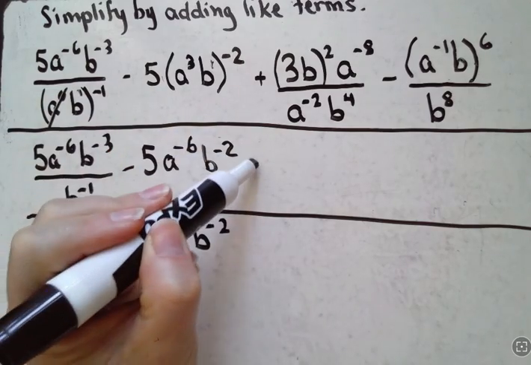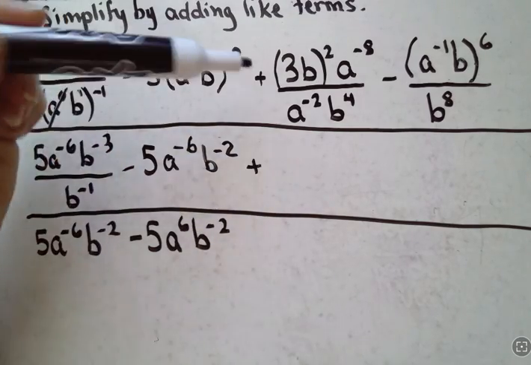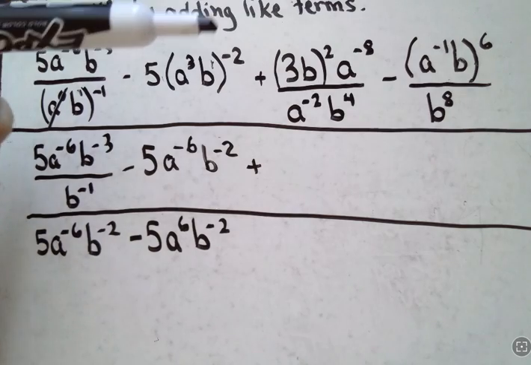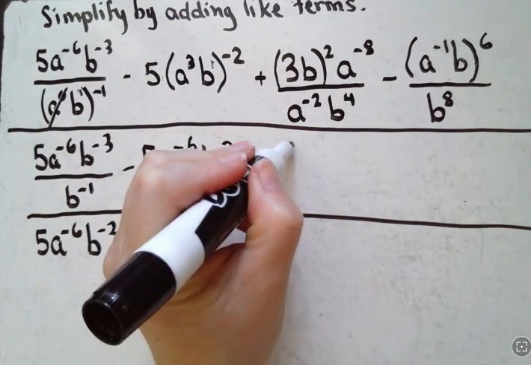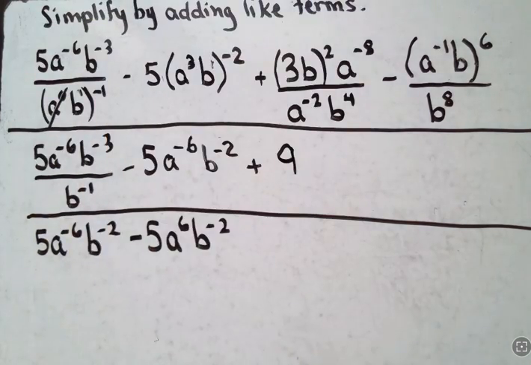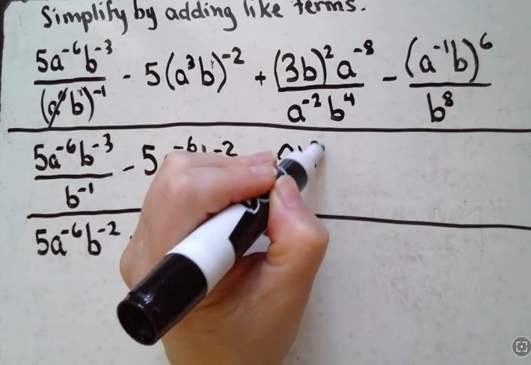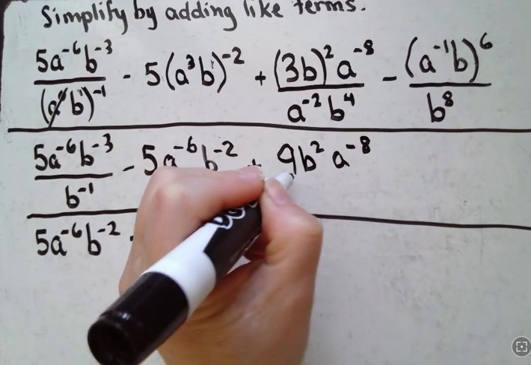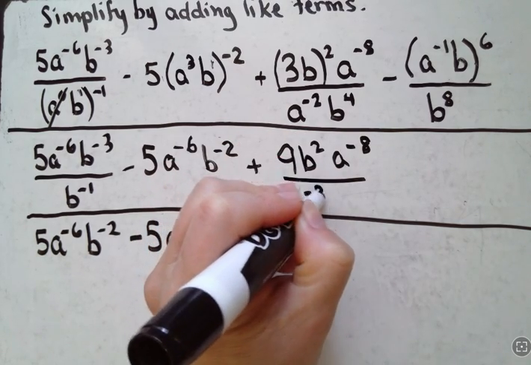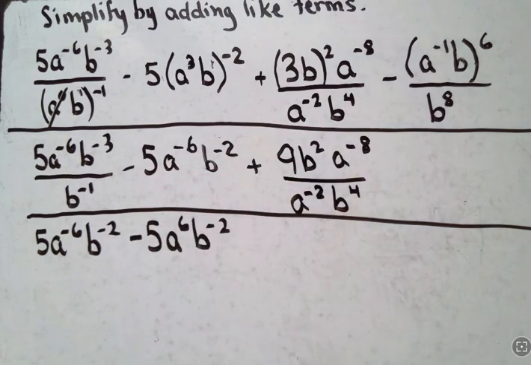So I'm going to look at the next one. I have plus. Now I have 3b inside parentheses, which means everything inside the parentheses gets taken to the second power. 3 to the second power is 3 times 3, which is 9. And b to the second power is b squared. And now I have a to the -8 over a to the -2 and b to the 4th. So I can simplify this a little bit more.